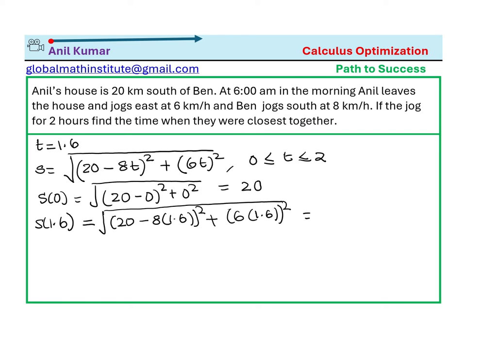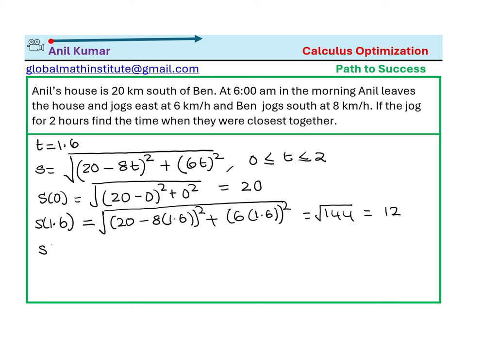So we get 20 minus 8 times 1.6 whole square, and it comes to the square root of 144, which is 12.